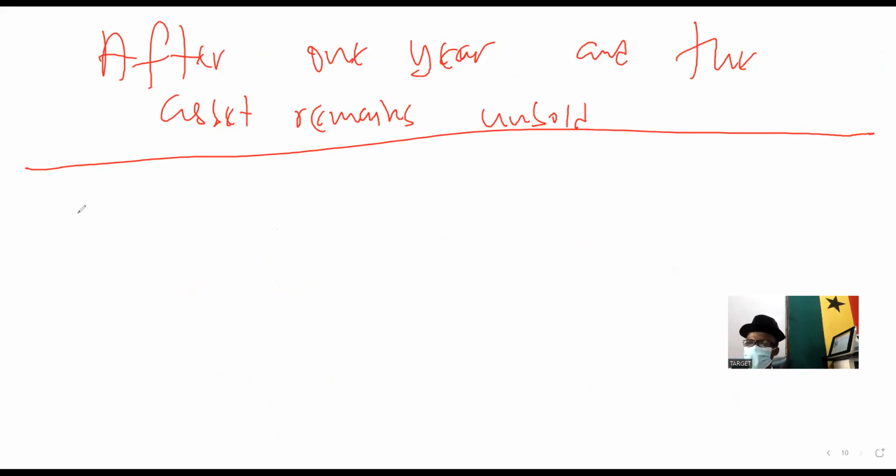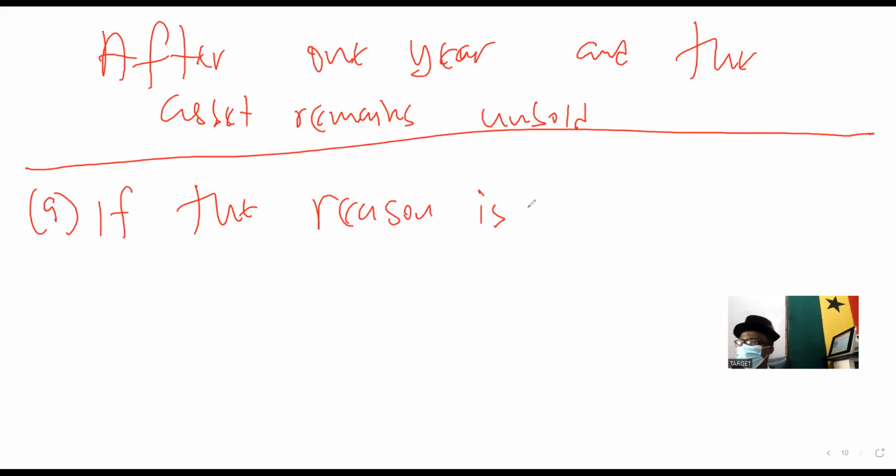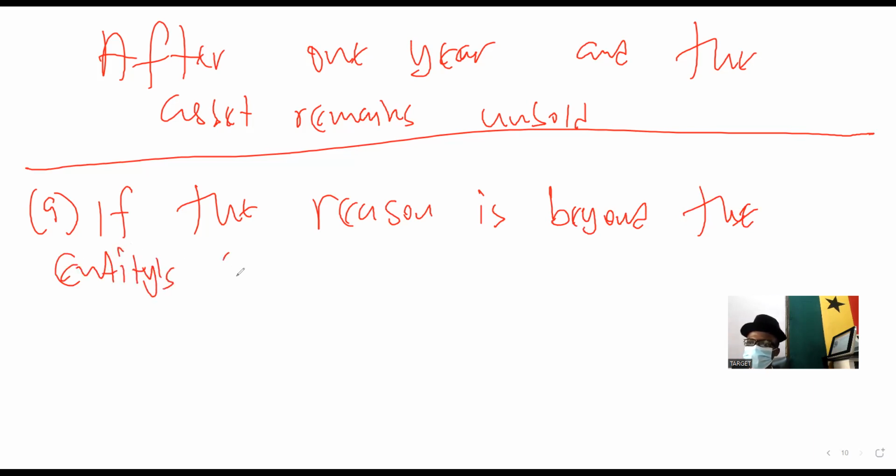So take notice of the reason. If the reason for the asset being unsold is beyond the entity's control, this is very powerful, especially for the final level students. Take notice of this.